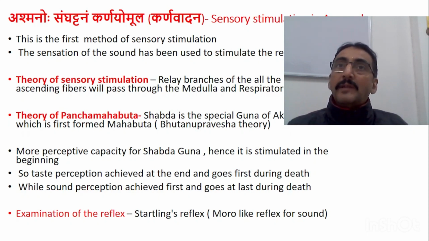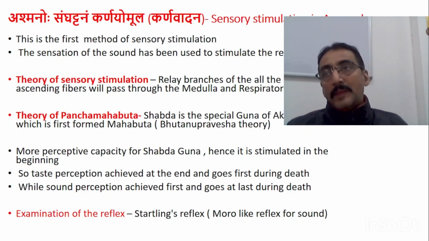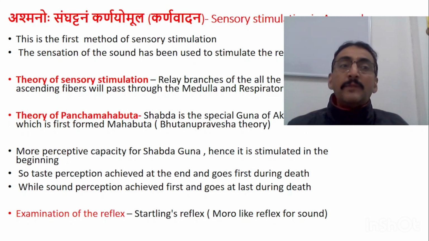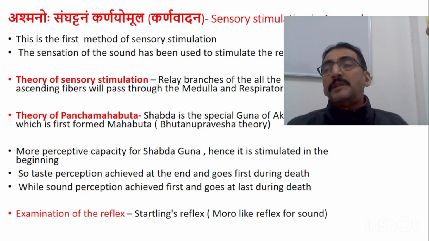So Ayurveda tries to stimulate the baby with the most perceptible sensation, that is Shabda. Therefore, by Ashmano Sangatanam Karanayor Mulo, they try to stimulate the respiration because the baby has more perception power towards Shabda Mahabhuta. This is called the Panchamahabhuta theory, very pure Panchamahabhuta theory. Therefore they explain Ashmano Sangatanam Karanayor Mulo.